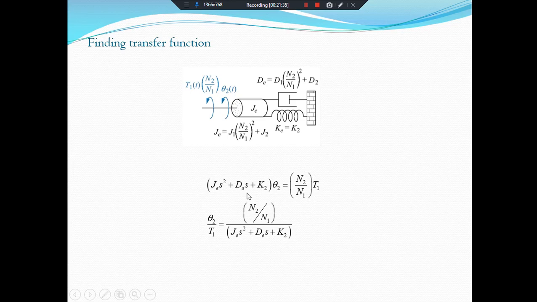We have written it in the frequency domain, and this is the damper equivalent and this is the spring equivalent, equal to K2. The ratio of the output angular displacement to the torque can be found from this equation: it will be equal to N2 by N1 divided by all the impedances.